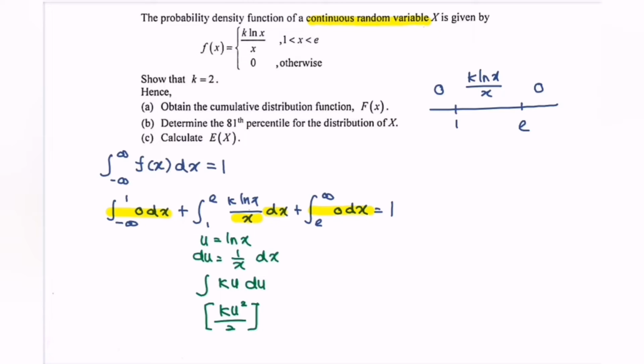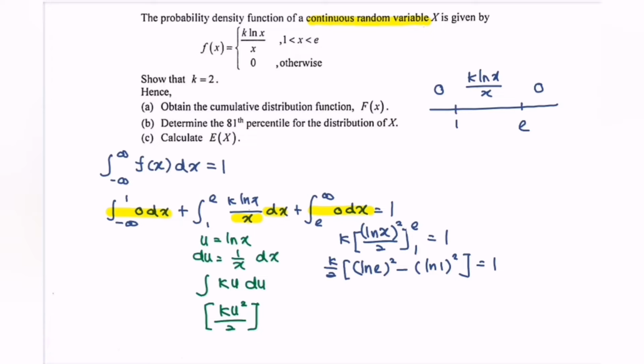Continue. Substituting back u equals ln x, we have k times (ln x) squared over 2, with the limits e and 1, which is equal to 1. So we have k over 2 times (ln e) squared minus (ln 1) squared, which is equal to 1.